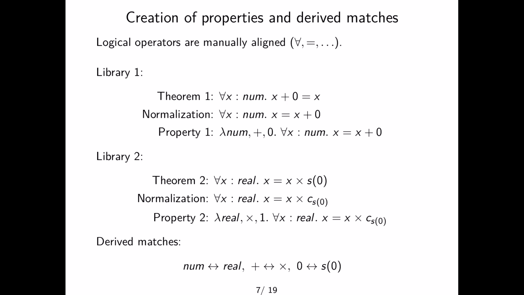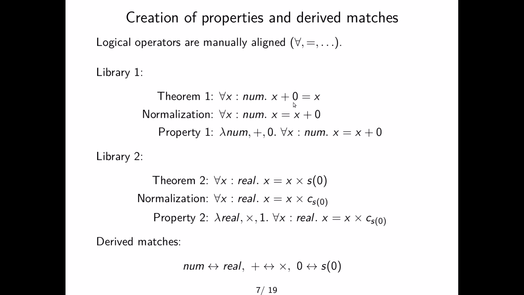Now let's see how we create properties. Given one theorem in one library, this is the first theorem here saying that x plus 0 is x. We first apply some normalization. We want to have all the theorems in the same shape. So here, for example, we put the smallest on the left-hand side of a equal b, since equal is symmetric: a equal b is the same as b equal a, so you can reorder the arguments and put the smallest first.